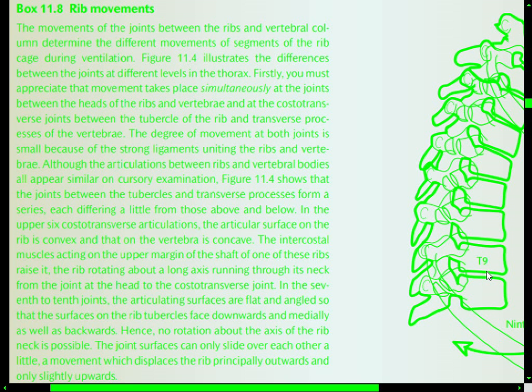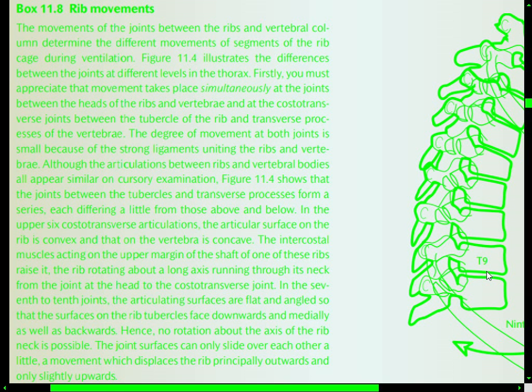In the upper 6 costotransverse articulations, the articular surface on the rib is convex and that on the vertebrae is concave. Let's read this again. In the upper 6, 1, 2, 3, 4, 5, 6 costotransverse articulations, I think this means the articulation between ribs and vertebrae.